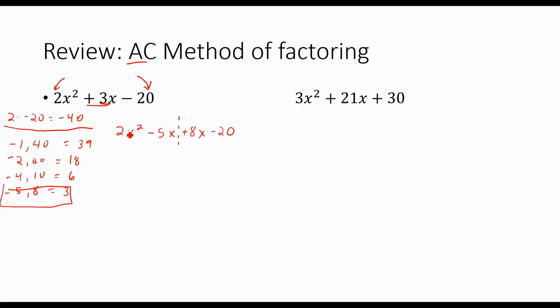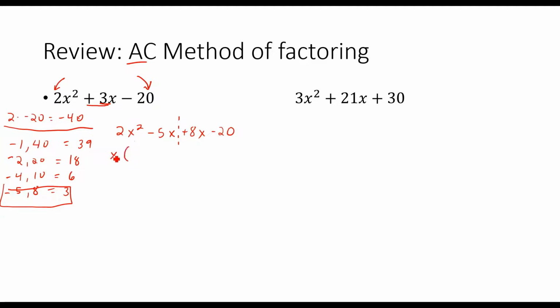So first, again, just like before, we're going to try to factor these out, see if there's any common values that will divide both numbers. 2 and negative 5, they're both prime numbers, 2 and 5. So that means that I can't factor out a value that will divide both the 2 and the 5, so I can't take out any numbers. Though, because both terms have an x, this one has 2, this one has 1, I can factor out an x.